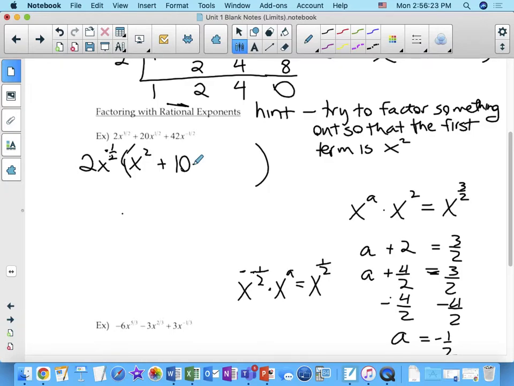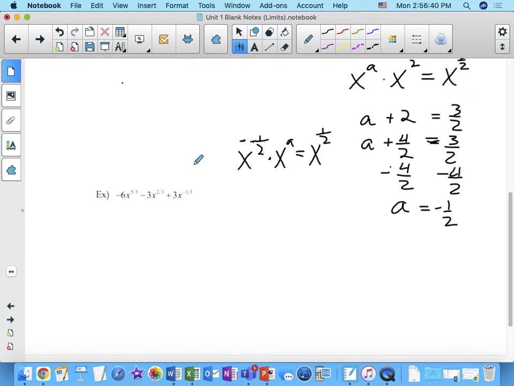Does that make sense? Sort of, yes, no? How many people it doesn't make sense? Don't be shy. Okay. Well, if we do the same sort of thing here, this is going to be negative 1/2 plus a equals 1/2.